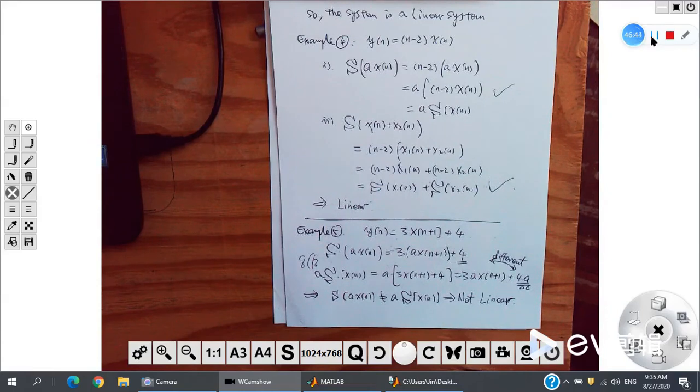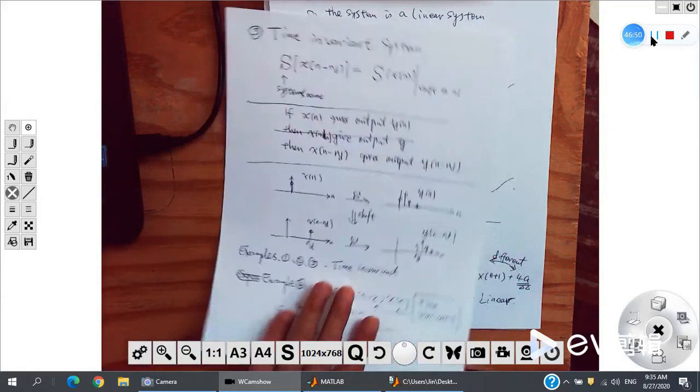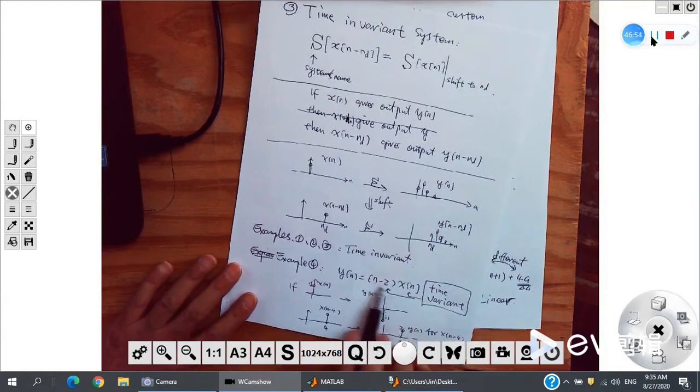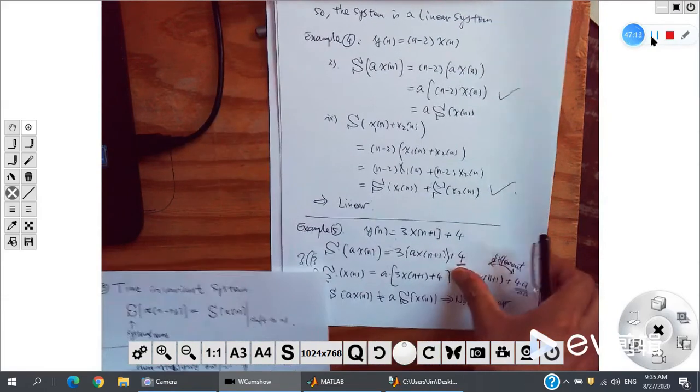Actually, we have an easy way to check it. If you do more examples, you can know that. You look at the formula of the system. When you have the input side, there are only first order parts. This is x, it means x to the power 1. Okay, this term is good, and we know this is linear.